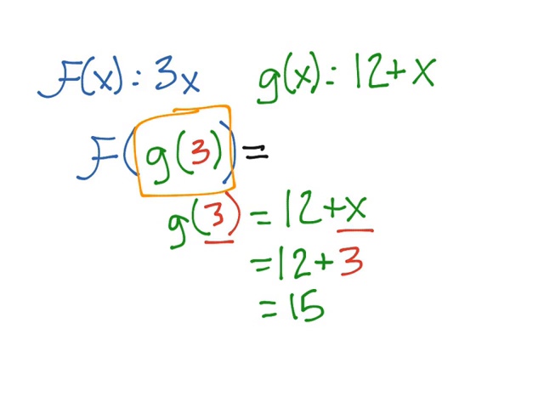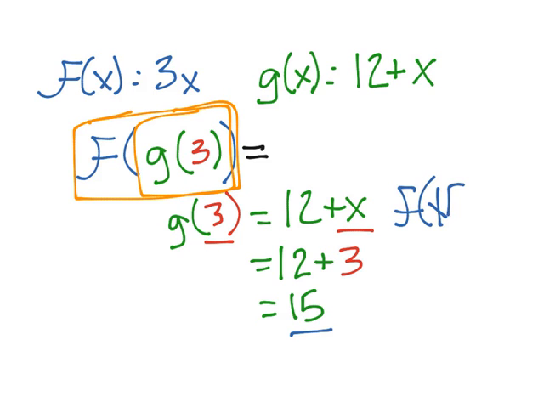Now we need to move on and evaluate the f function. We know that the value of g of 3 is 15. So we need to take this value and place it into our f function. f of 15 is equal to 3 times x.